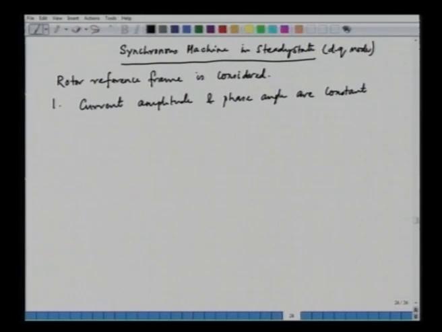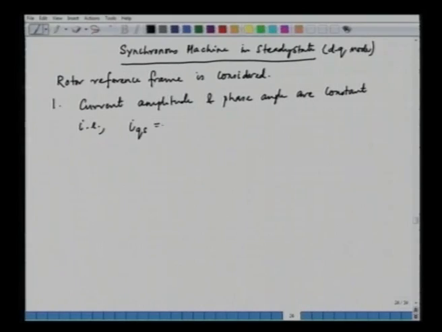which means IQS. In the rotor reference frame, we can define the currents in terms of D and Q axis currents, and the component of the current along the Q axis is called IQS. IQS is equal to capital IQS because this is a constant quantity.